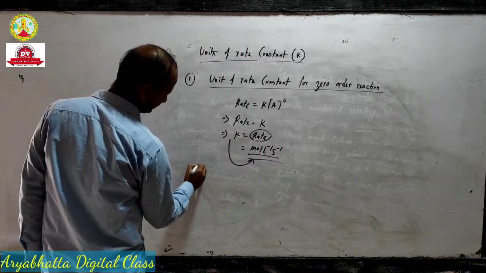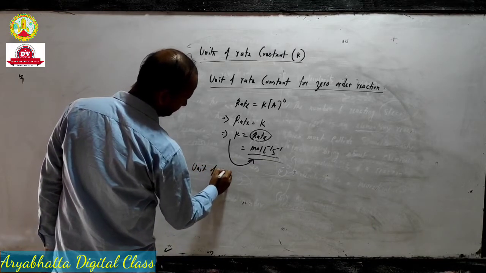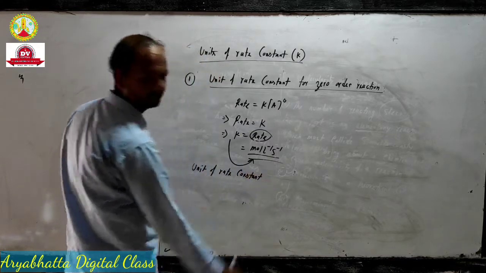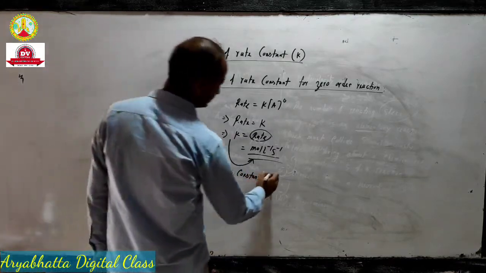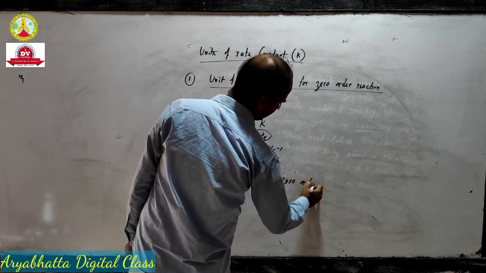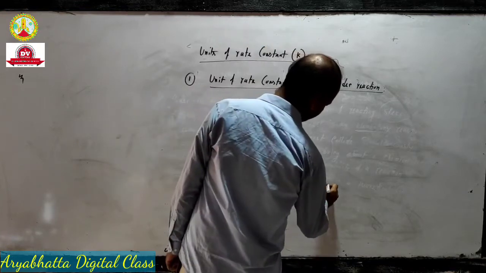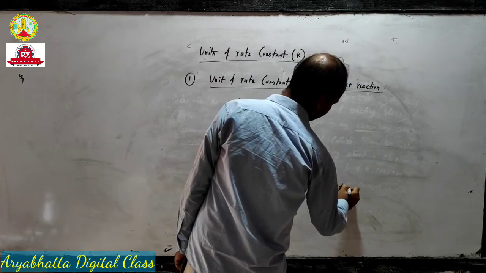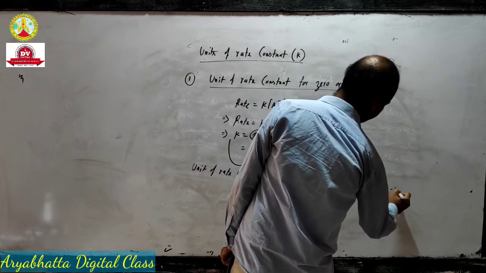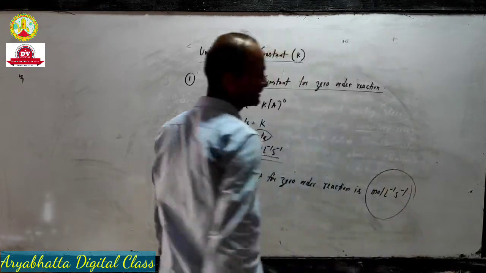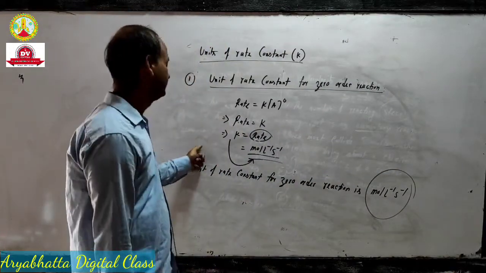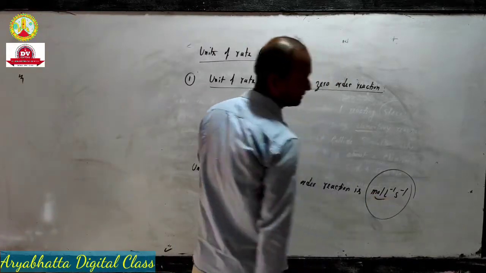Unit of rate constant for zero order reaction is mol L inverse second inverse. Clear? Okay. Suppose in exam 1 marks question, what is the unit of rate constant for zero order reaction? Just write this one, mol L inverse second inverse.